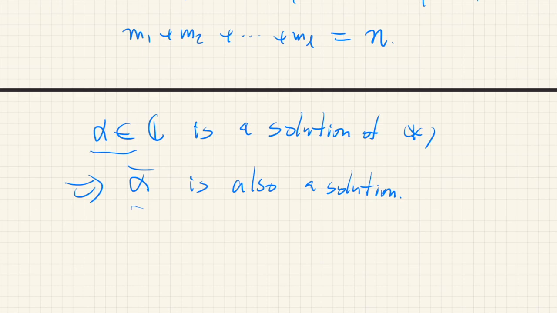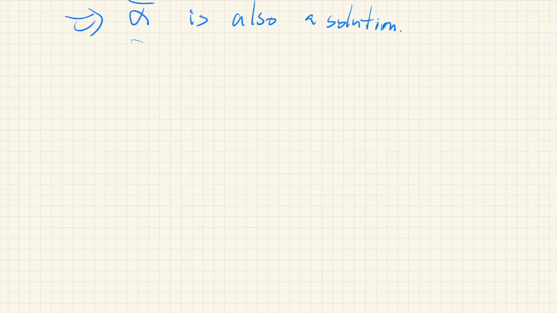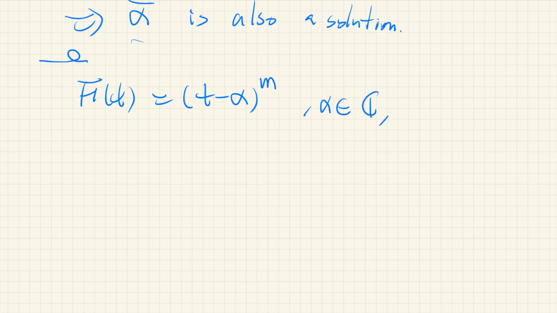Now, here's a theorem. Let f(t) be this polynomial, (t minus alpha) to the power of m, and alpha is a complex number, and m is a natural number.